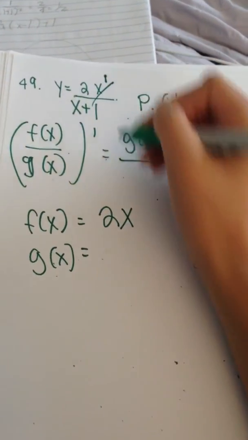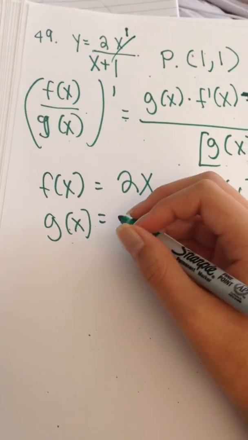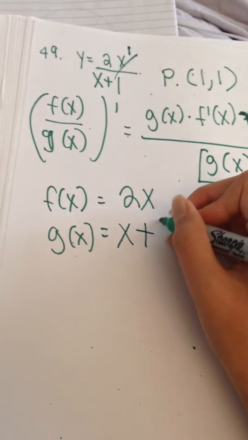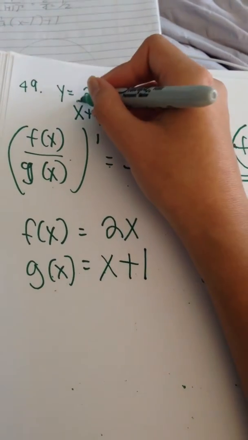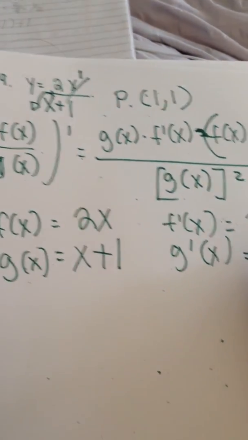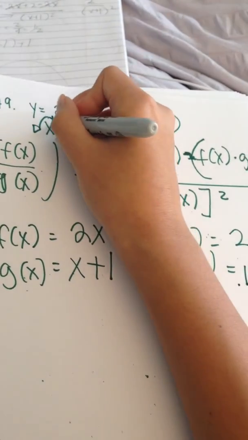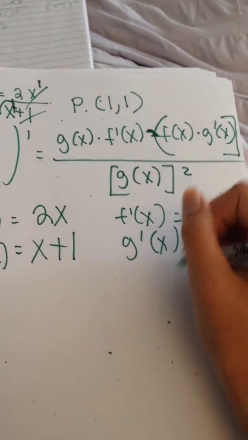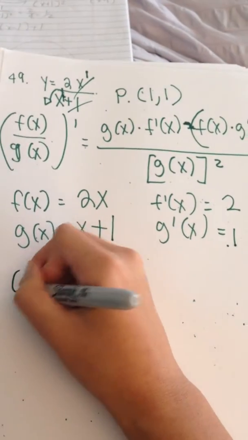Then g of x is x plus 1. Here, once again, you drop the x because it's to the first power, and the constant is not part of the derivative. So very simple. Then you just plug it into the equation.